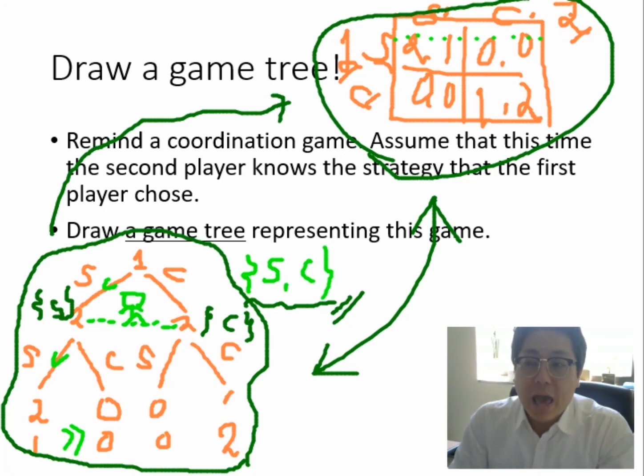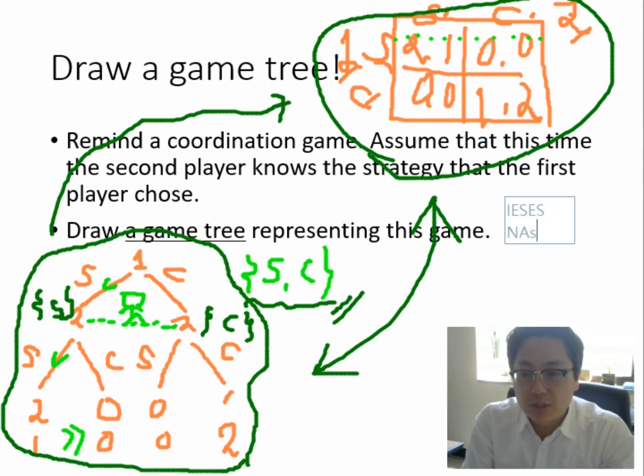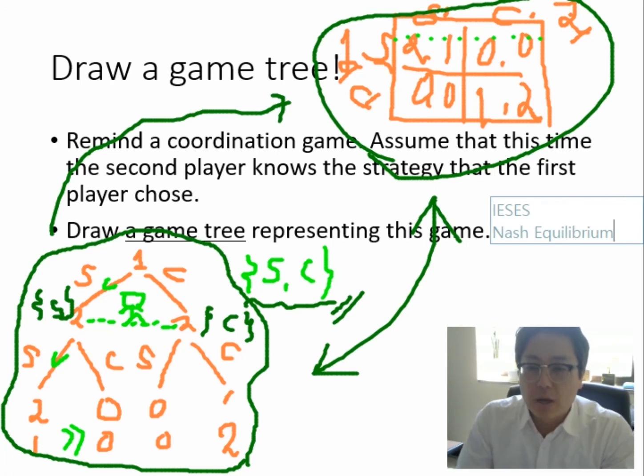I haven't talked about how we can find an equilibrium of this extensive form game. In a normal form game, we can use IESDS or Nash equilibrium, right? However, I didn't tell you anything about the solution concept or the way of finding an equilibrium here.